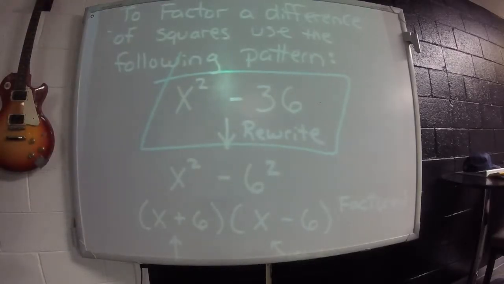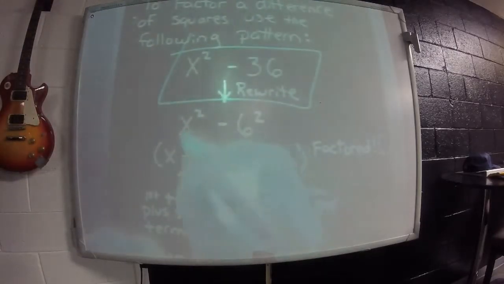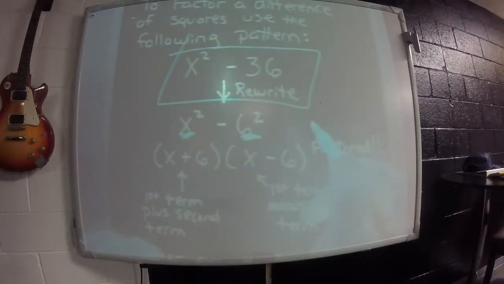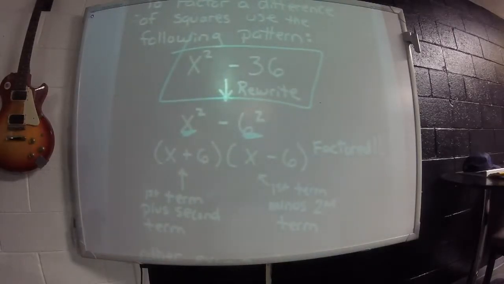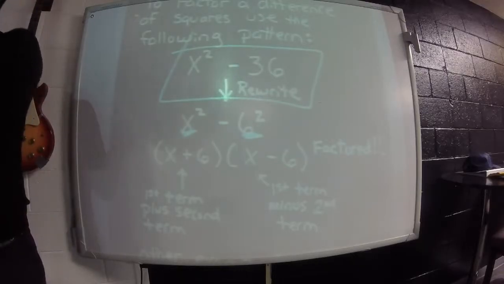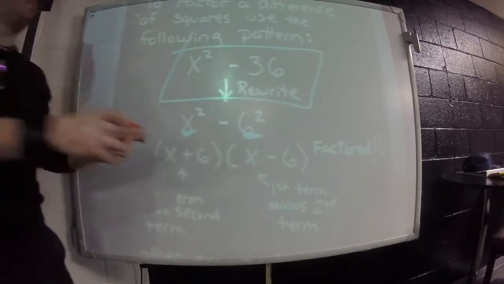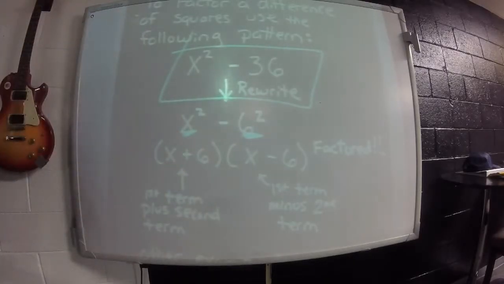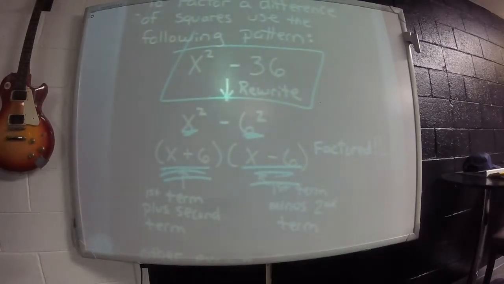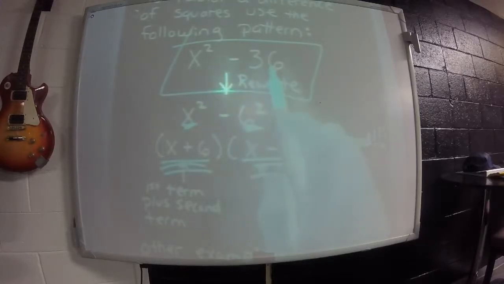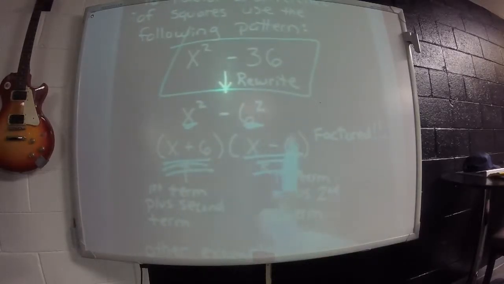The pattern for factoring it is, think of it as x squared minus 6 squared, and then you put it in your two binomials. So it's like unfoiling it, but we don't have three pieces. If you put it into two binomials, it follows this pattern: x plus 6, x minus 6.